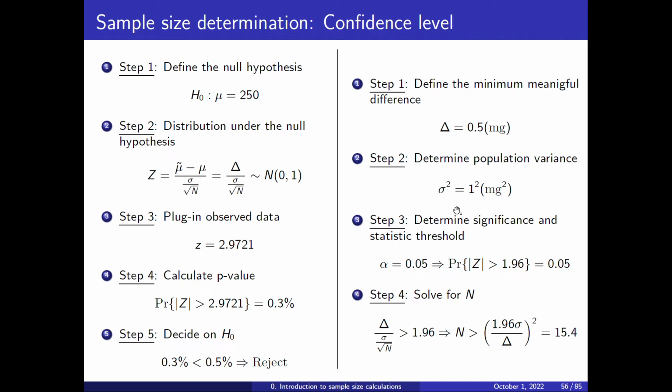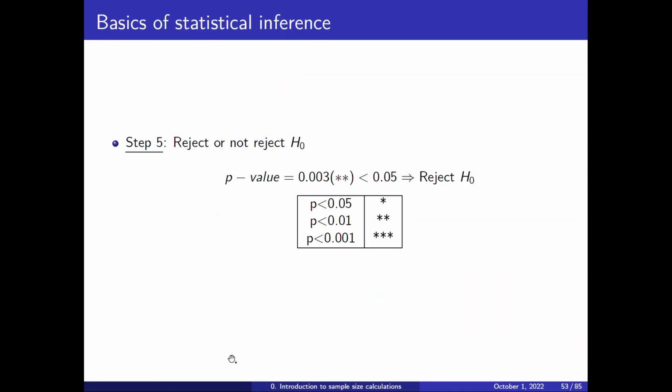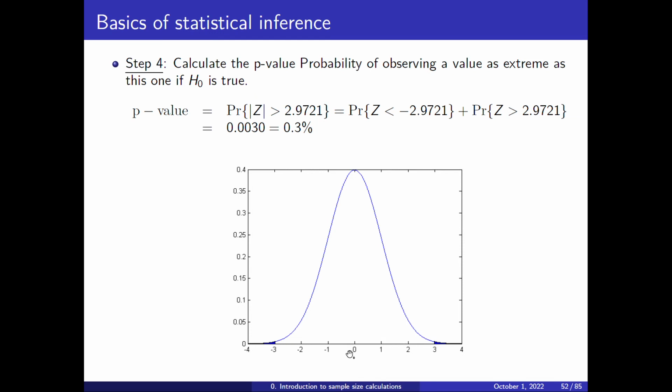And then, let's look at this. I know that you will reject the null hypothesis if the p-value is smaller than the threshold. So let us go back to this curve. If the p-value is smaller than the threshold, you will reject the null hypothesis, and this threshold is 5%.